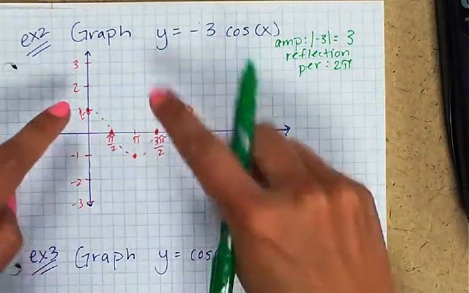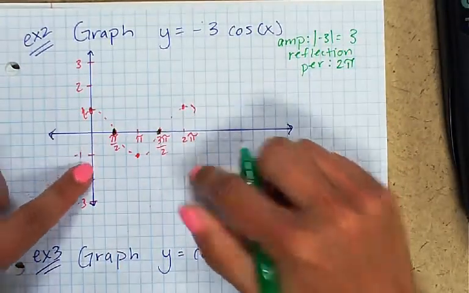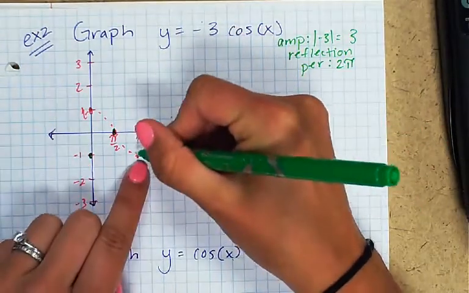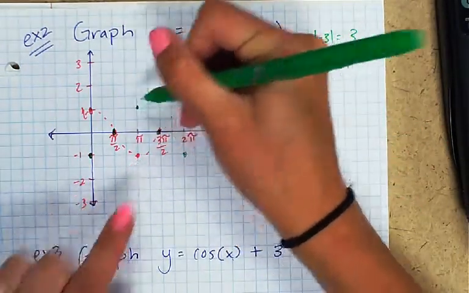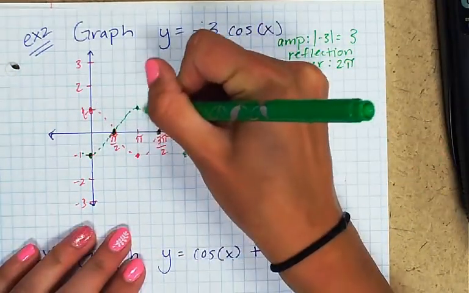So these stay put. These two are going to come down and be negative. And this one's going to reflect up to become positive. Again, this is not my final answer because I haven't done anything with the amplitude yet.